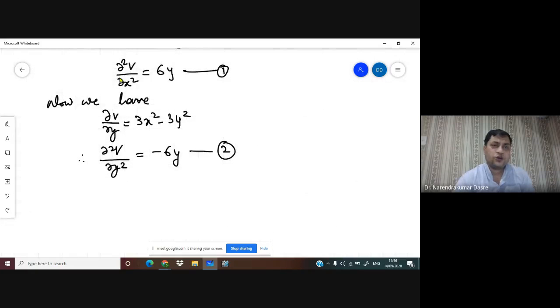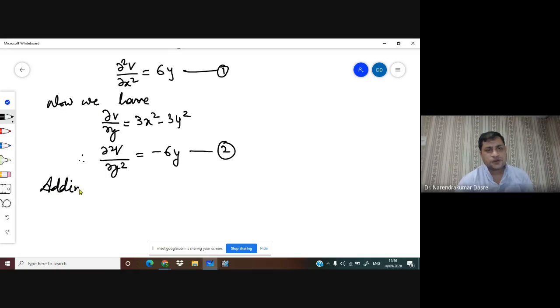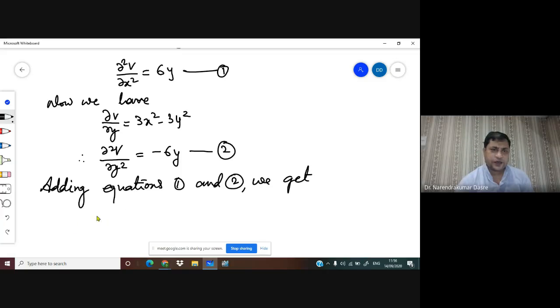Now, if I want to find whether it is harmonic or not, I have to take the sum of these two second order derivatives. So adding equations 1 and 2, we get double square v by double x square plus double square v by double y square.